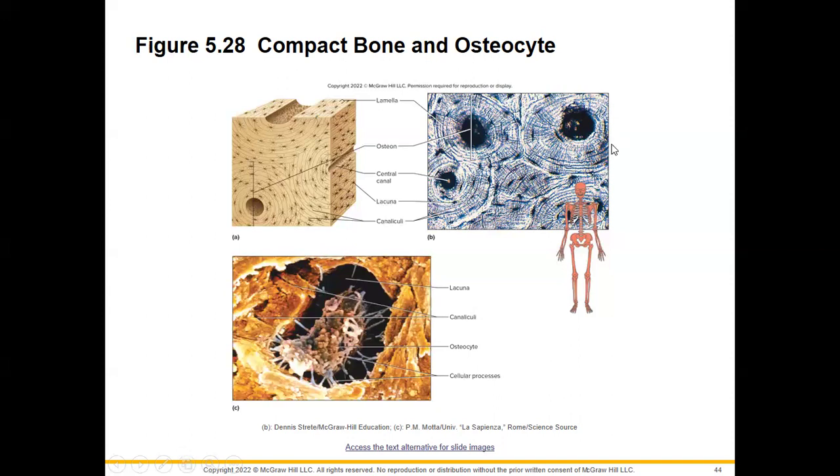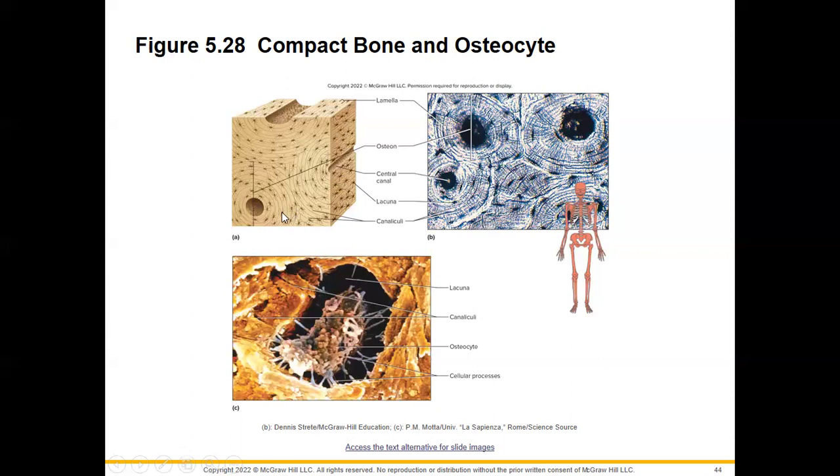And each of these osteons has a central canal that has blood vessels, nerve tissues, etc., running through it. And again, these little spaces here are going to be your osteocytes inside of their lacunae, and you can see the rings surrounding each one. That is an osteon.